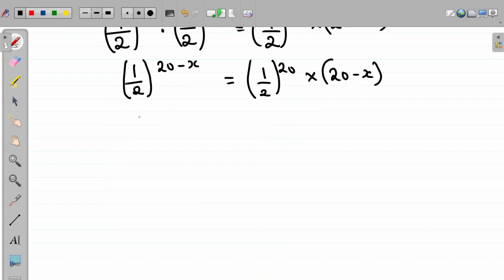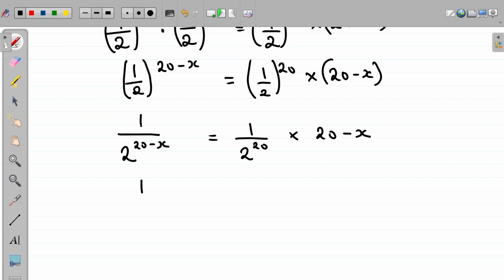So our equation becomes 1 divided by 2 raised to the power of 20 minus x equal to 20 minus x divided by 2 raised to the power of 20.